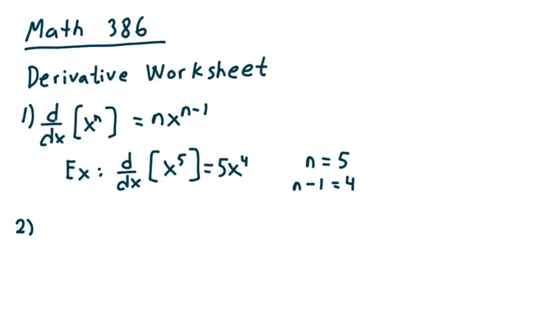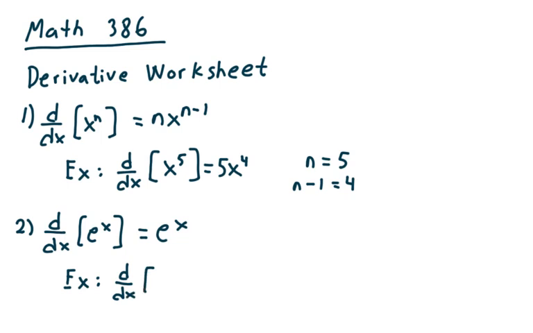Let's take a look at number 2. Suppose I want to differentiate e to the x with respect to x. This is e to the x. For example, suppose I want to find the derivative of 4e raised to the x power.